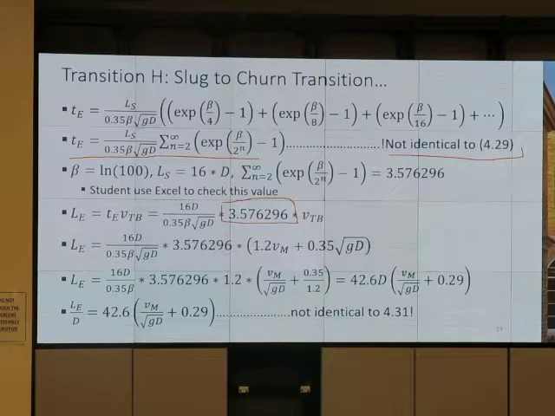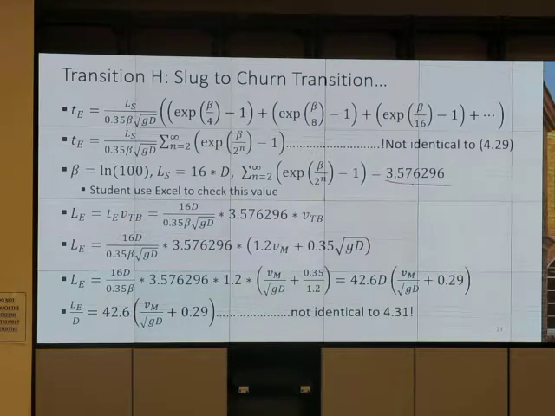You don't need that many terms to reach the asymptotic line. Substitute everything, I get this, 42. You see this number, put it over there. Here we go, 16 diameter. You see this L_s, and we have V_TB stay over there.